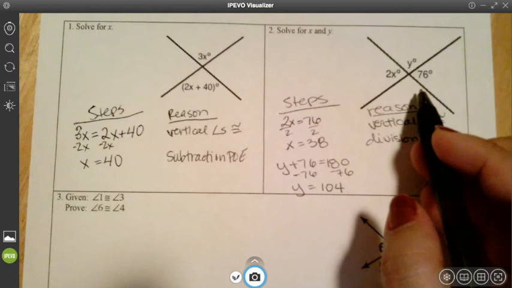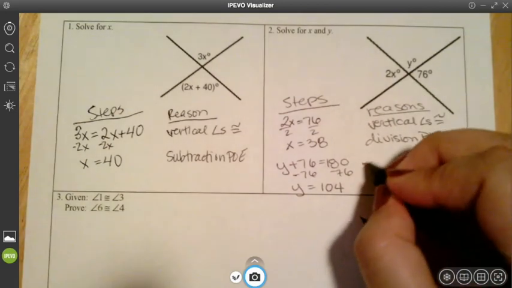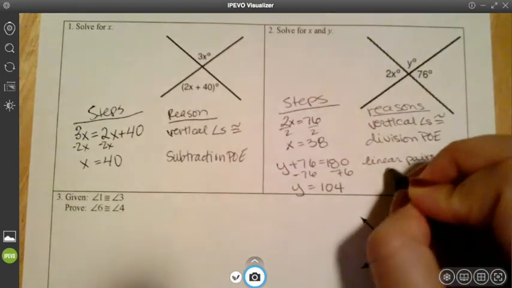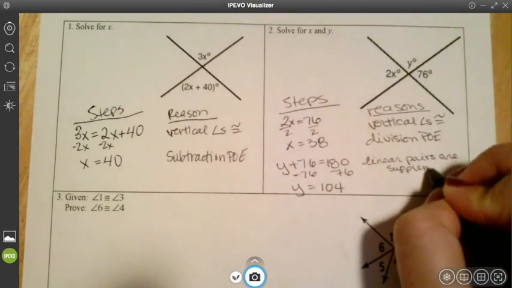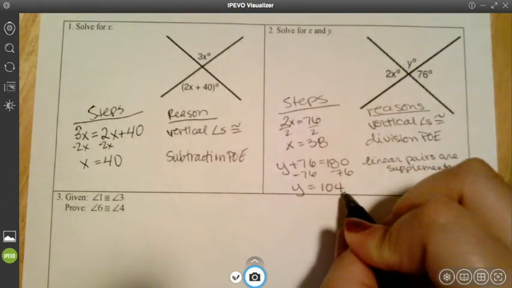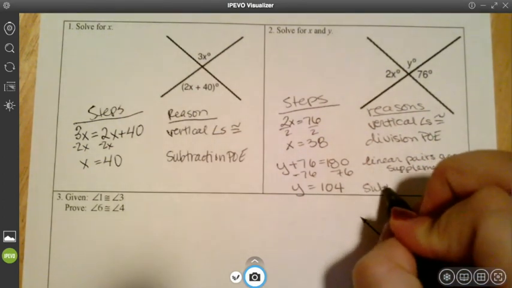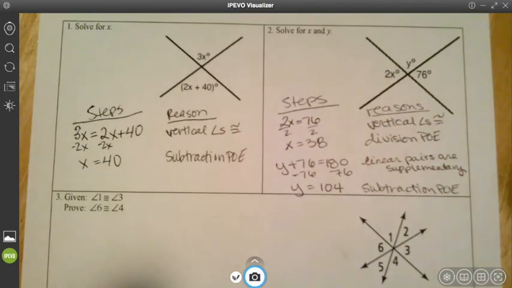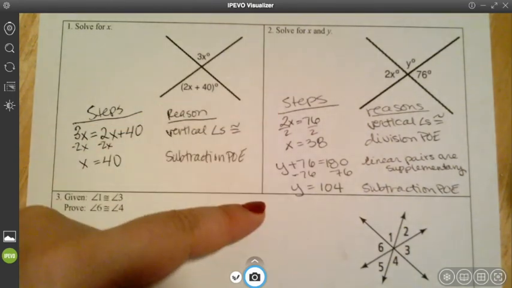That's from linear pairs are supplementary. And then finally, y equals 104 was from the subtraction property of equality.